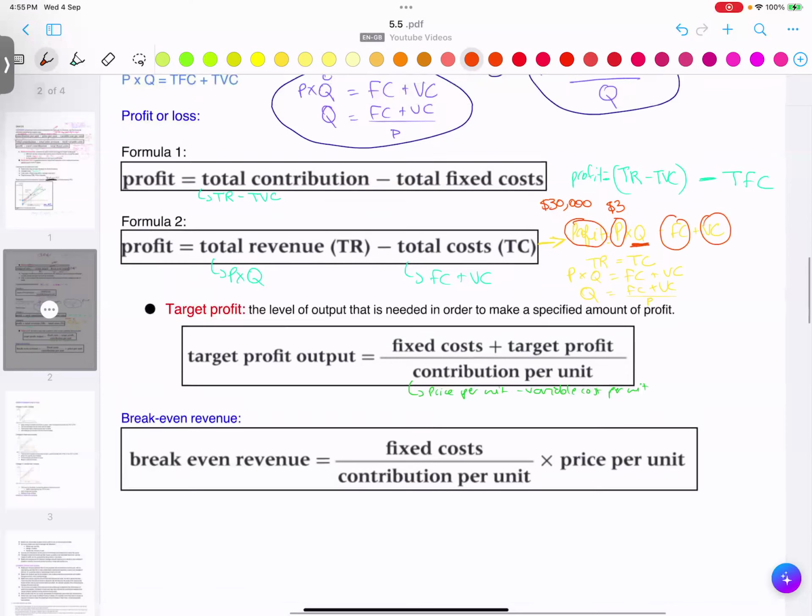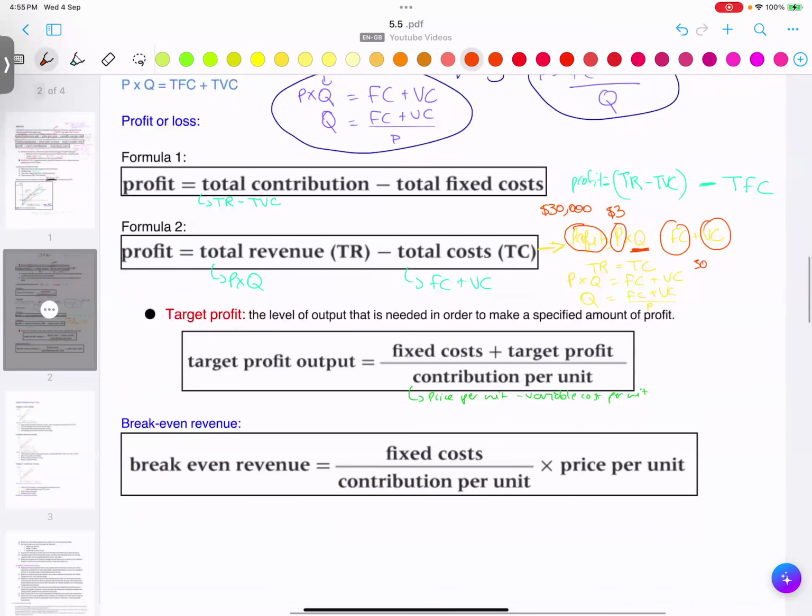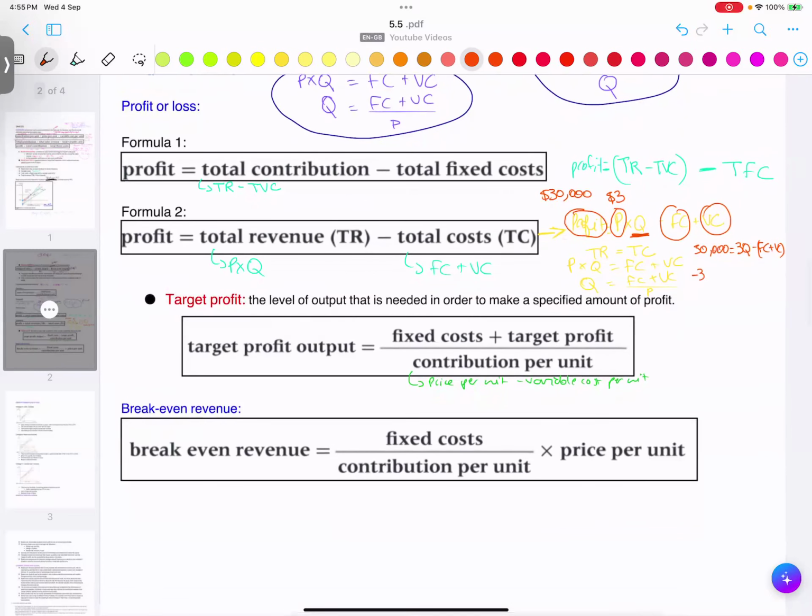So it would be 30,000 equals 3Q minus fixed cost plus variable cost, and I'll put these in parentheses together. Then I take minus 3Q equals minus 30,000 minus whatever number the fixed plus variable cost is, let's say 18,000.